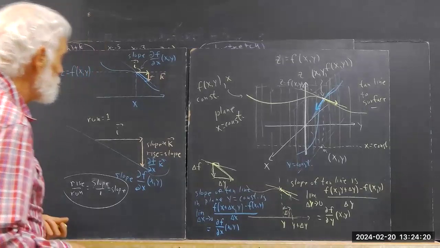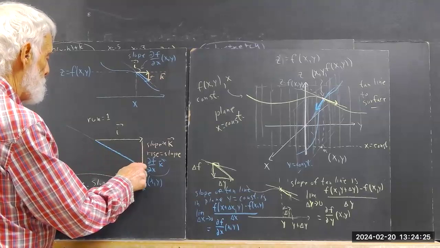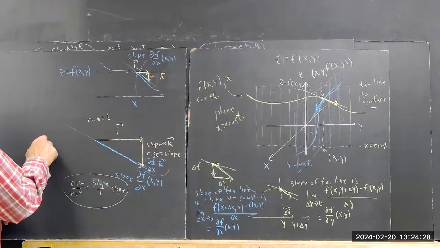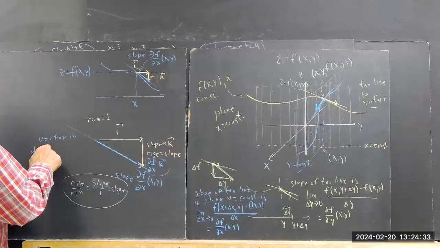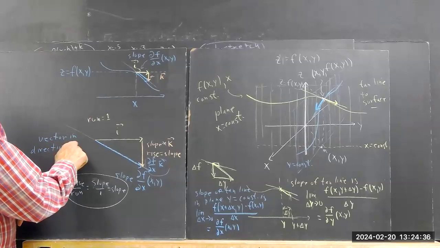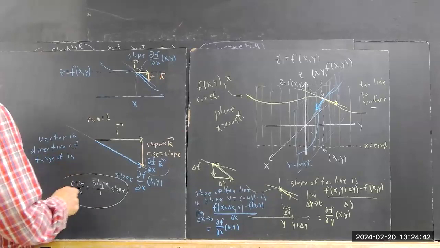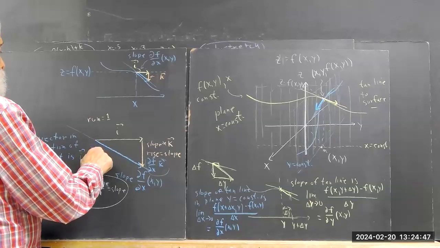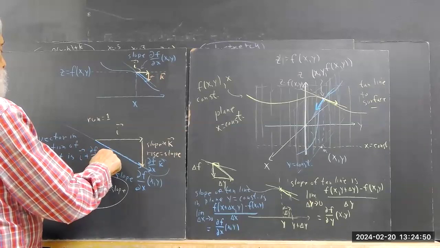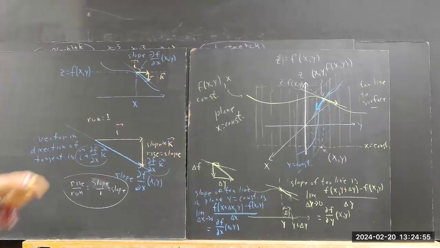Okay, so what we're really trying to do is get this vector here. Well, I didn't put a head on it, but there it was. So this vector is I plus the partial of f with respect to X times the K vector, because it's this vector plus this vector, head to tail.